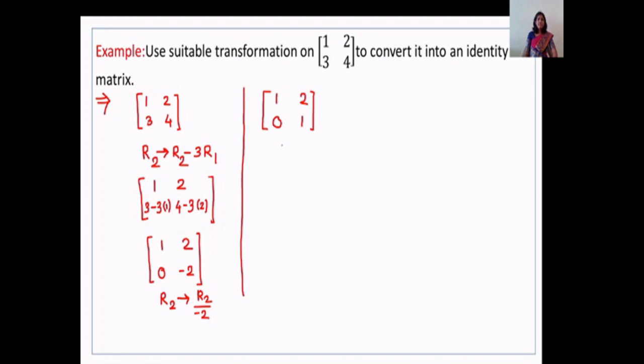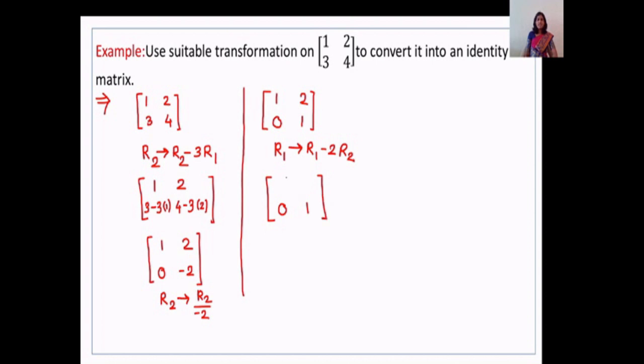Next, we have to make this 2 into 0 using this 1. So we have to make a change in R1. R1 gives R1 minus 2R2. We multiply this 1 by 2 and subtract this from this, so we will get 0. So our final answer is, with the change in R1, R2 as it is, that is 0 and 1 as it is.